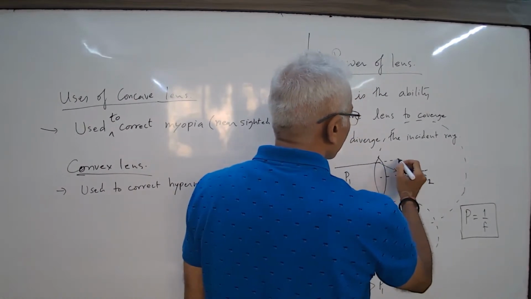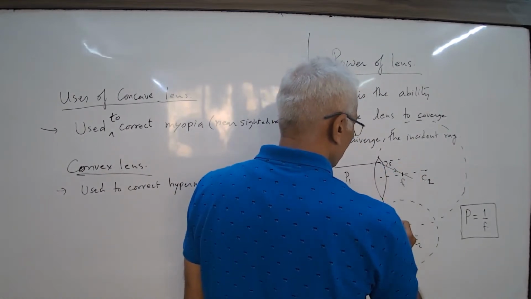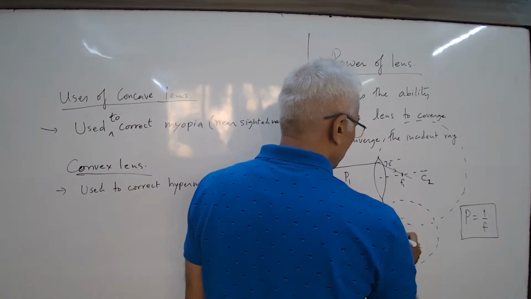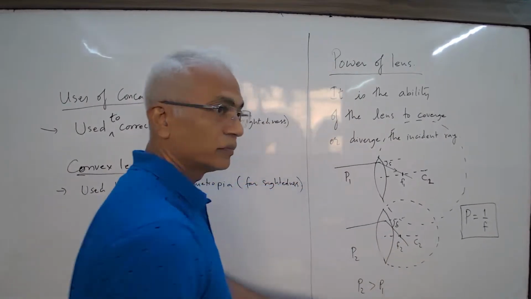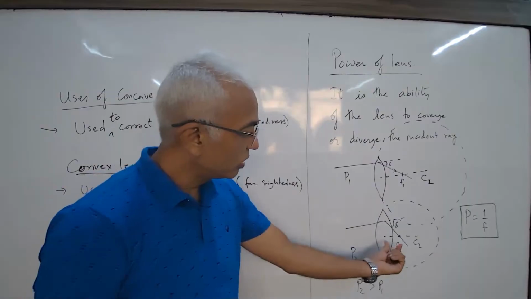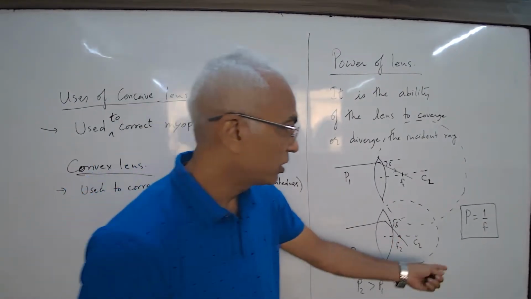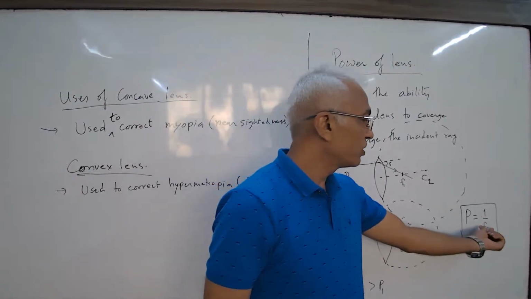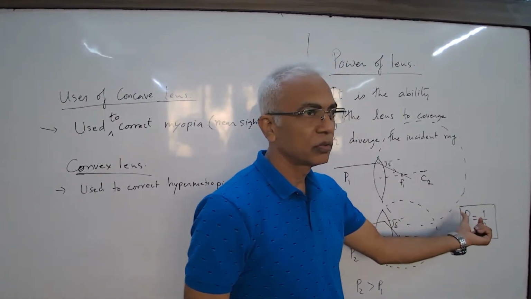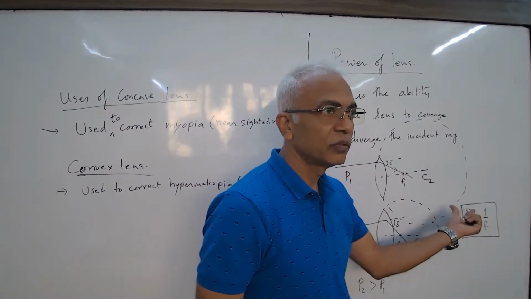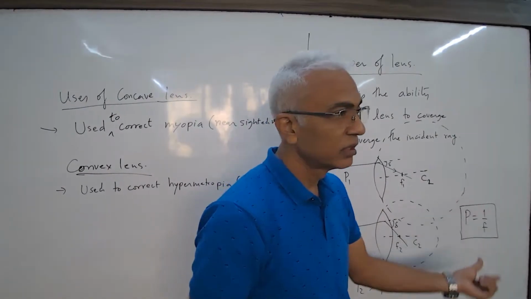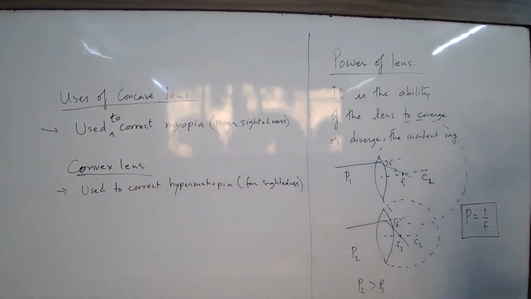See the angle; deviation is more in this case. But the focal length is short. So short focal length has more power. If f is small, P will be more. Small denominator results in more power. Got the funda?